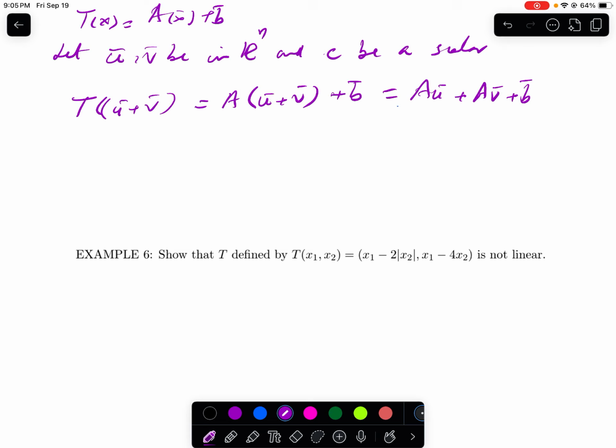But what is T of u plus T of v? This will be equal to Au plus b plus Av plus b.